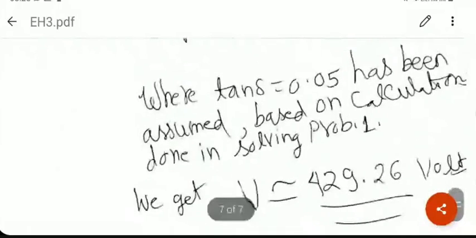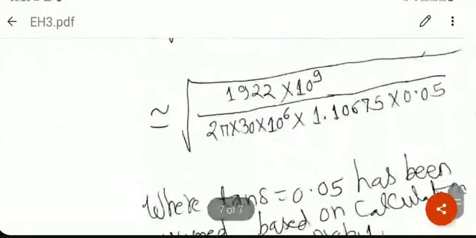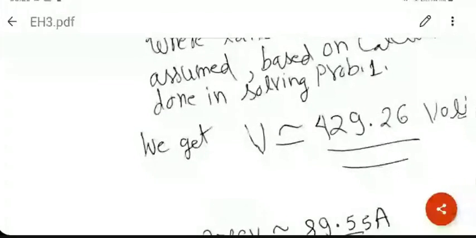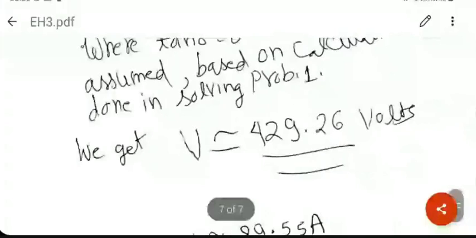Tan delta, by the way, is same as in previous problem because the same values that were given in problem 1 have been repeated in problem 2 also. So using all this, we get required voltage to be almost 429 volts.